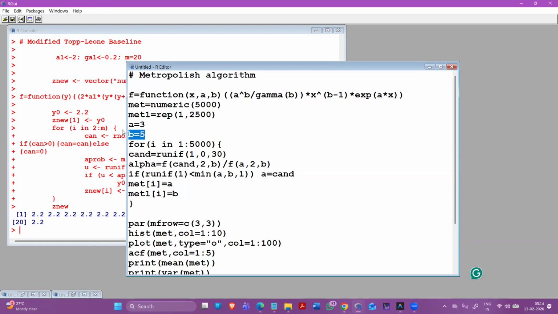For the given values of alpha and beta we want to generate the random numbers, right? After that we are going to run this for loop up to 5000 times and generate the uniform. Why is it 1 to 30?